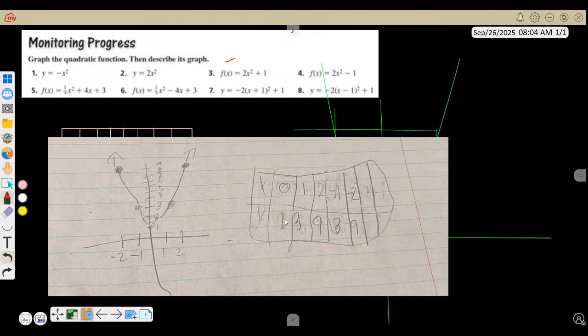So if x is 0, y is 1; if x is 1, then 3; then 2 to the 4, 8 plus 9; then minus 1, and again 3 for minus 2, 9, and right. Okay, correct. Now the minimum point of the graph is y is equal to 1, right or wrong?